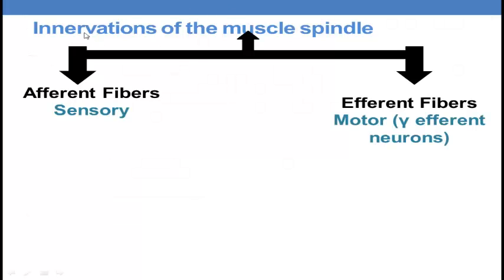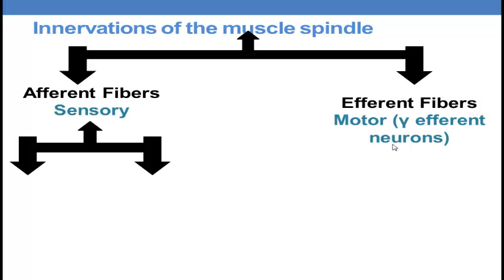To summarize, the innervation of the muscle spindle has afferent fibers, which are sensory fibers that innervate the central receptor area of the intrafusal muscle fiber, and efferent fibers, which are motor fibers or gamma motor neurons, which supply the peripheral contractile part of the muscle spindle.